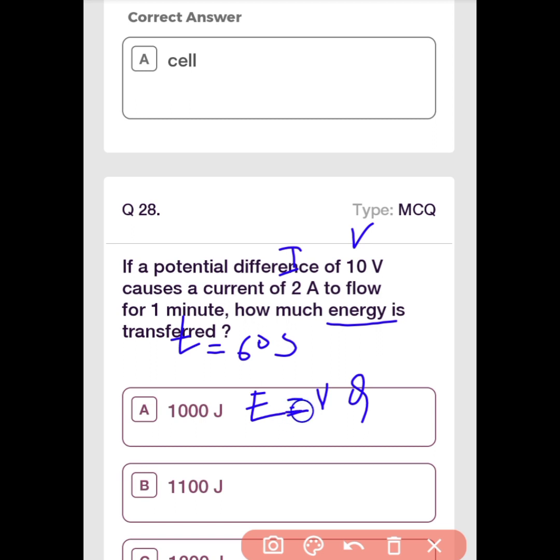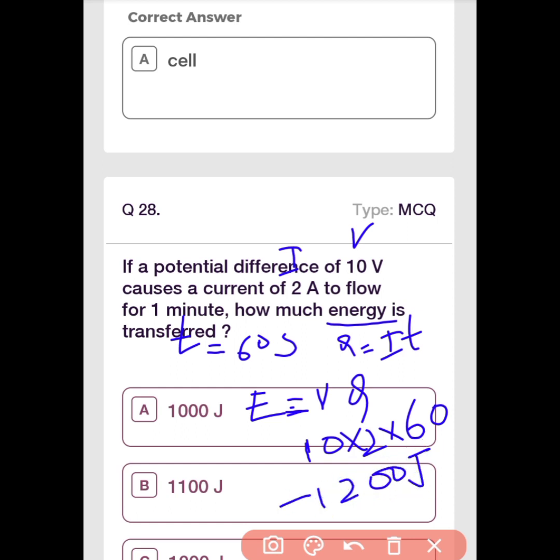So we know V is 10. What about Q? Instead of Q, they have given current and time. So we know Q is equal to I into T. So therefore, you multiply current and the time. 2 into 60, which is 120, into 10, which is 1200 joule is the answer.